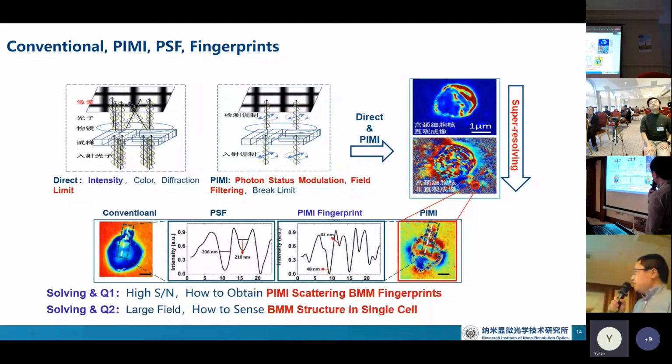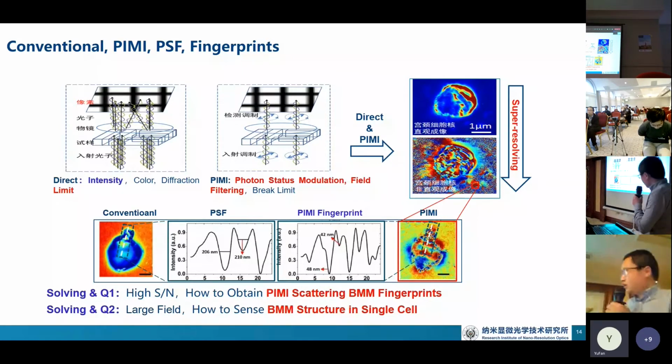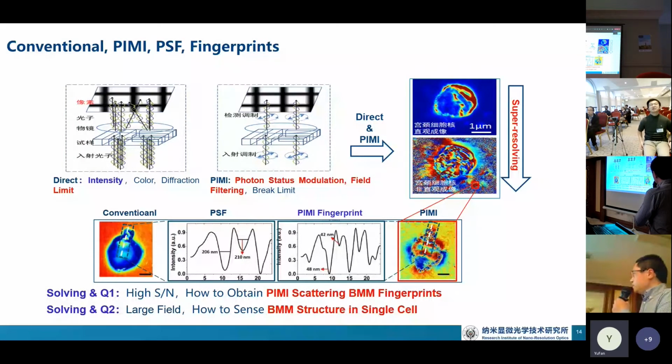We can manipulate the photon state of the illumination light, and in the sensing system we demodulate the photon state, and by filtering and demodulation we can break the diffraction limit. In the right figure, you can see a comparison of a conventional imaging system and our imaging results. The detailed structures in a cell can be clearly visualized with our method.